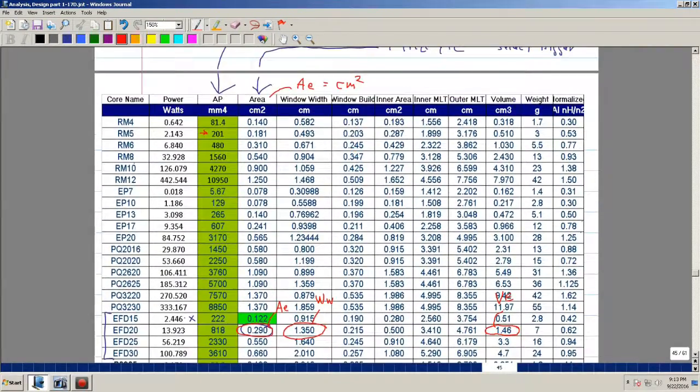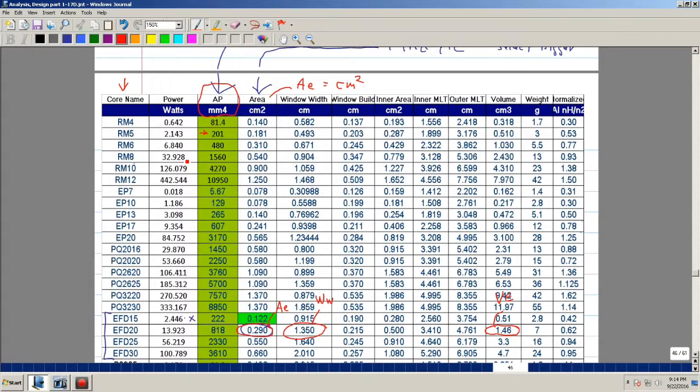If you notice here, these are my core types, and right here is my AP. Whatever AP you calculated, make sure you select a core that is of higher value, because if you select one that is lower, it's not going to work. You can select something bigger but not lower. So be sure that you select one that is big enough.